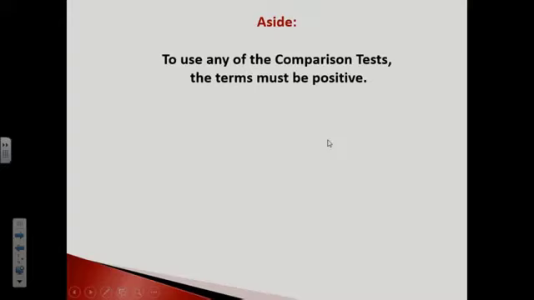Please notice that to use any of the comparison tests, the terms must be positive, otherwise you may make a wrong conclusion. For example, minus 1 divided by k is less than 1 divided by k squared for all k. When you plot, the terms of 1 divided by k squared are positive and lie above the x-axis.